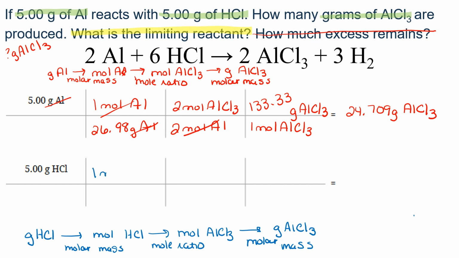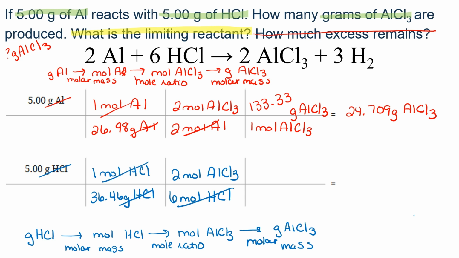My molar mass is always equal to 1 mole, so I have 1 mole of hydrochloric acid is 36.46 grams of hydrochloric acid. Grams of hydrochloric acid cancels. There are 6 moles of hydrochloric acid in my balanced equation to 2 moles of aluminum chloride.